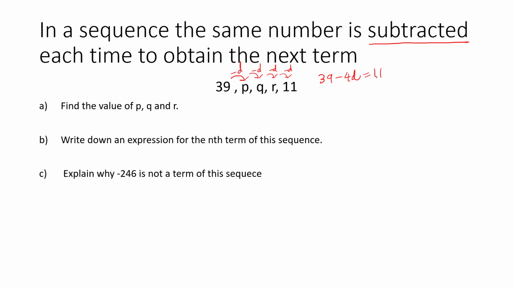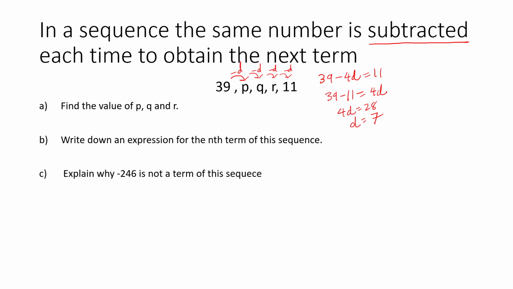So I would like to bring my 11 over and negative 4d over so that I can make this negative 4d equal to positive 4d. So I will do this. Minus 11 is equal to negative 4. I move over, it will become a positive 4. Like this, it will be easy for me to work with. So I will have 4d is equal to 28 and d will be equal to 7.